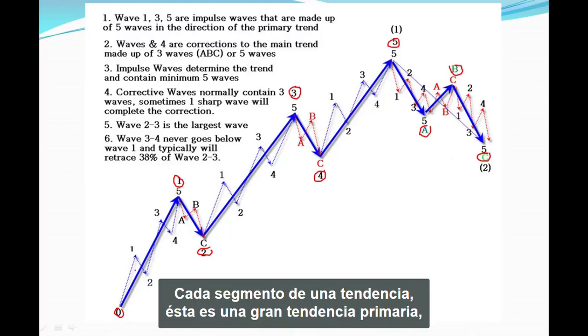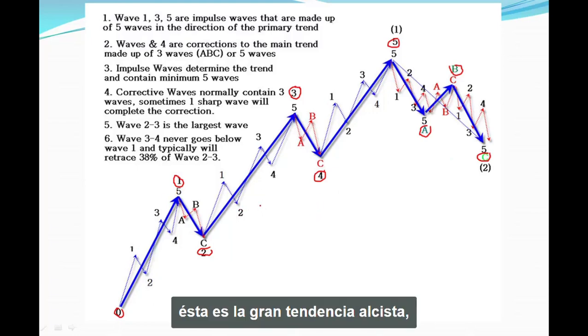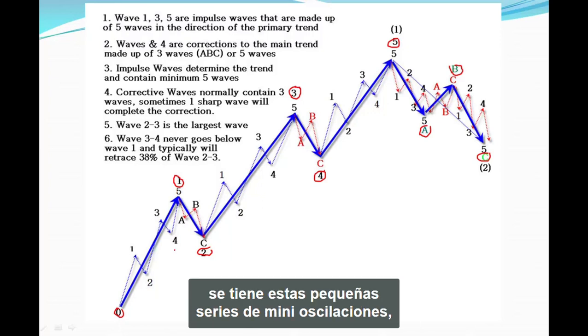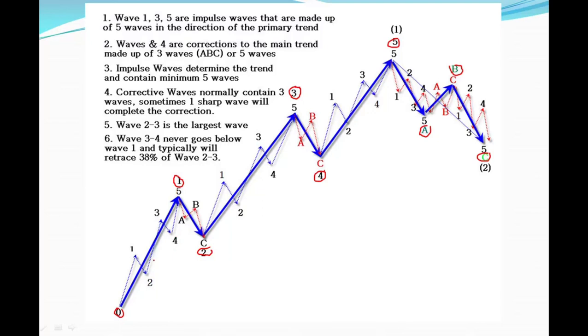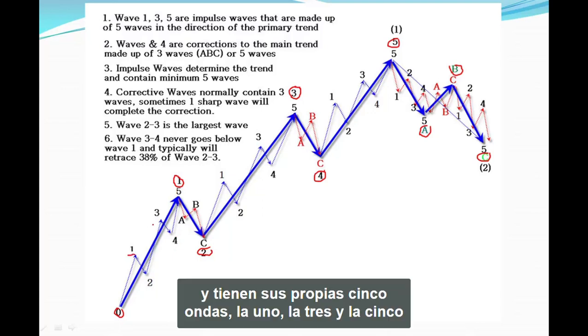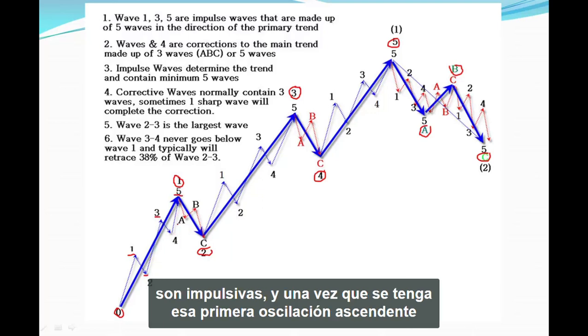Now, each segment of a trend, this is a big primary trend, this is the big trend up. Each segment from 0 to 1, from 2 to 3, and from 4 to 5, you will have its own little series of mini swings and its own five wave. The 1, the 3, and the 5 are impulsive.